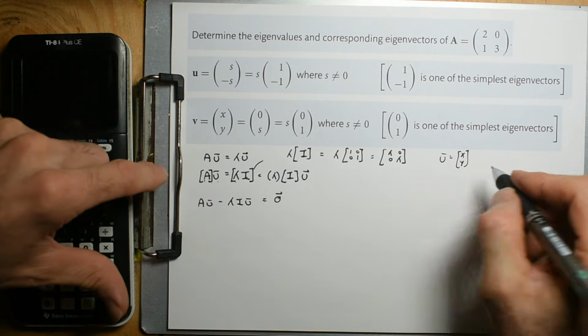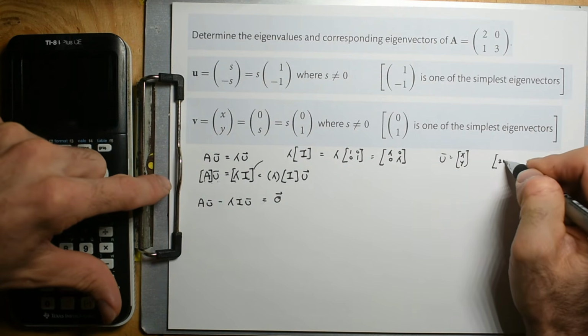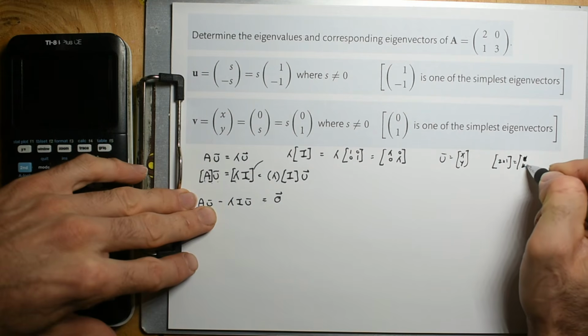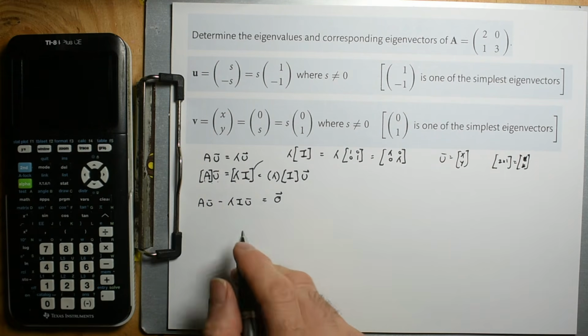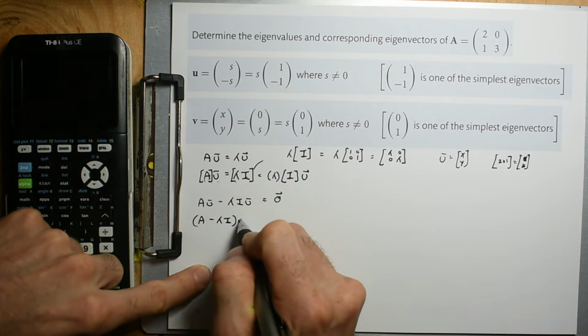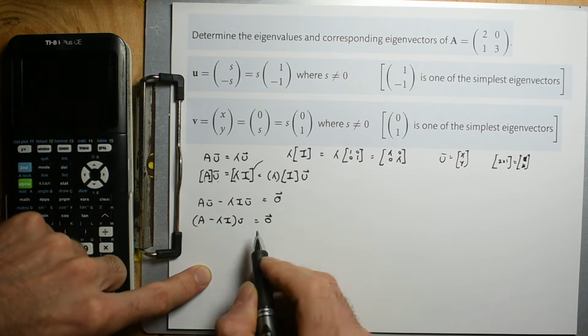A times u is a 2 by 1 matrix, which looks like that. So we're going to factor that out: A minus the scalar I, times u, is equal to the 0 matrix.